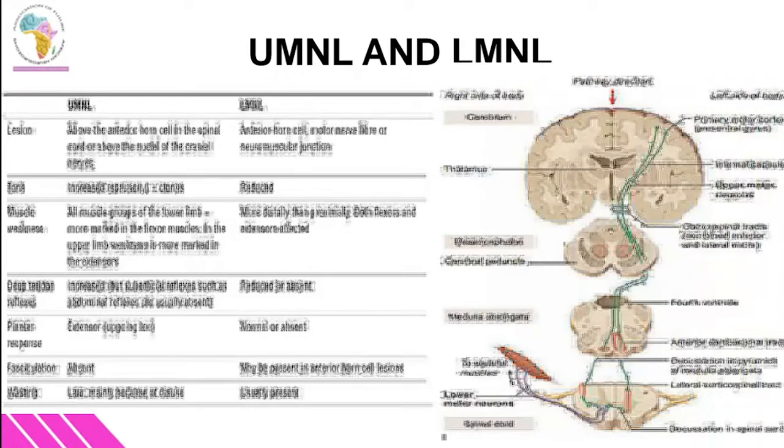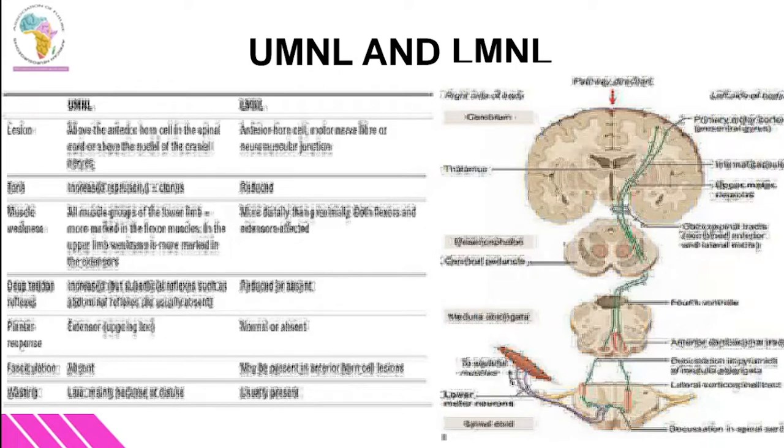So, upper motor neuron lesions and lower motor neuron lesions. Upper motor neuron lesions are based on what I was just talking about, which is the descending tract.